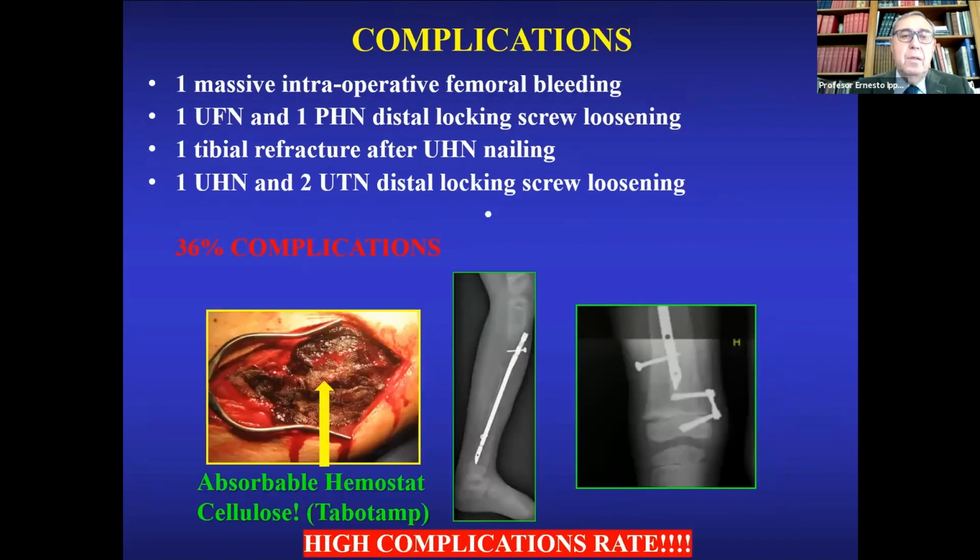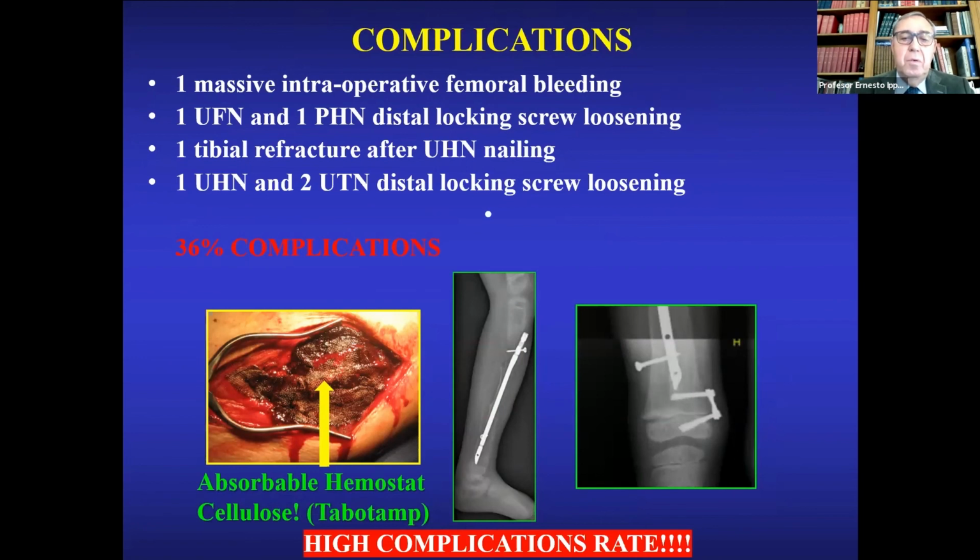We also had one massive intraoperative femoral bleeding, two distal locking screw loosening, and altogether 25% of major and 7.4% of minor femoral complications.